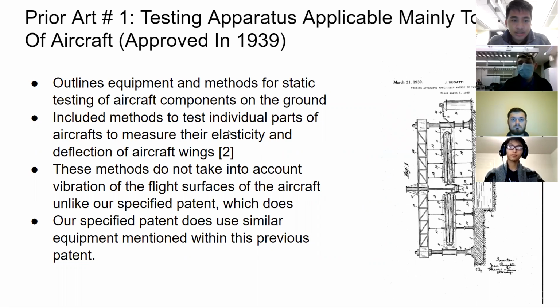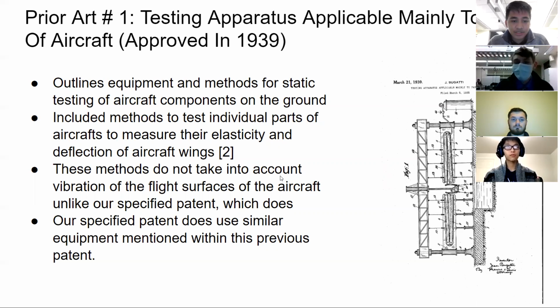These tests check the elasticity and deflection of the aircraft, so when a force is applied, it creates a bending moment and fluctuation. But this testing method doesn't account for vibrations in flight, when the aircraft is traveling in the air, unlike our specified patent, which does.